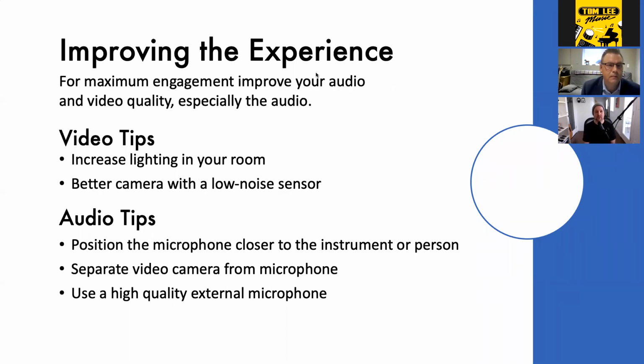So video tips, I definitely think right now, for example, I have 3 100-watt bulbs above me. I have a studio light over here. I also have an additional studio light on the other side of me. You can buy even some really basic things, but getting some powerful light bulbs in your room, or even, I'm just going to hold this up here, this is a Home Depot kind of construction light.